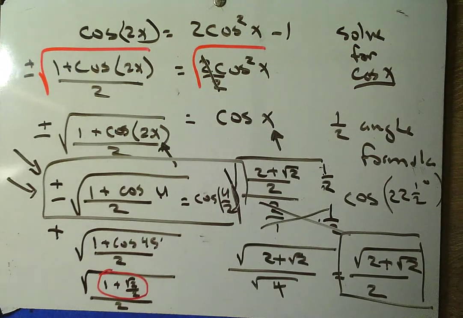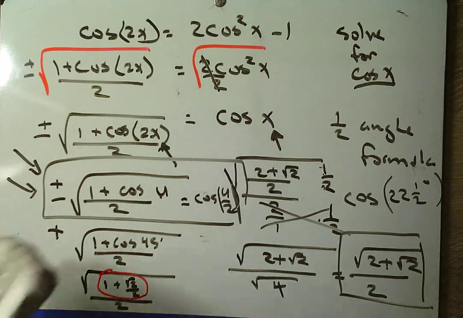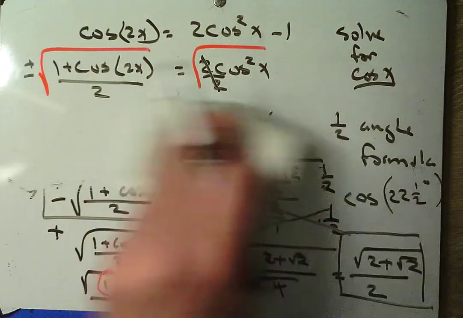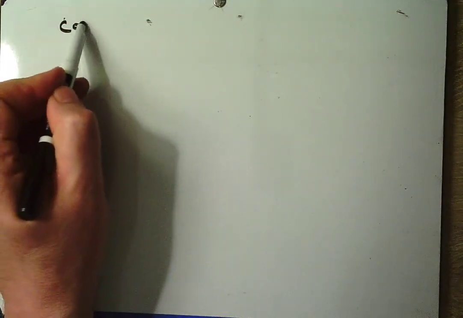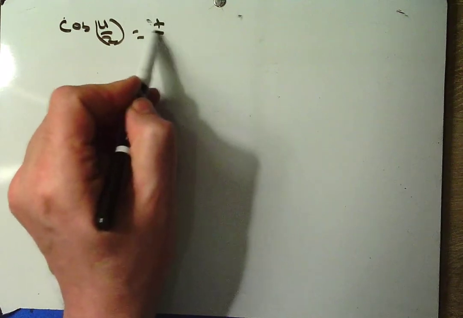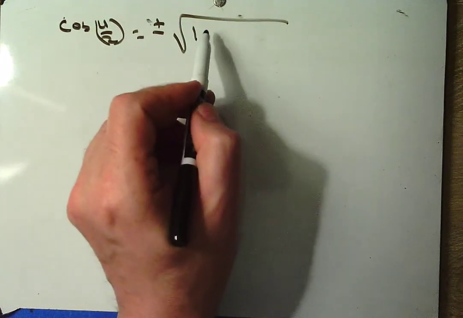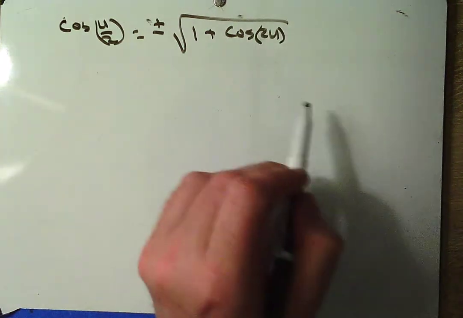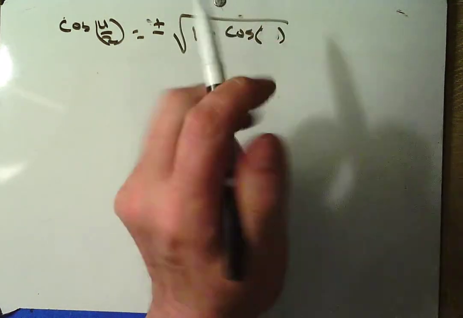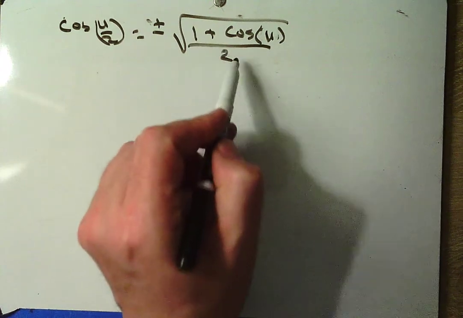All right, so while we're talking about cosine half angle, let's try this one. We know that cosine u over 2 is equal to plus and minus the square root of 1 plus cosine u over 2.